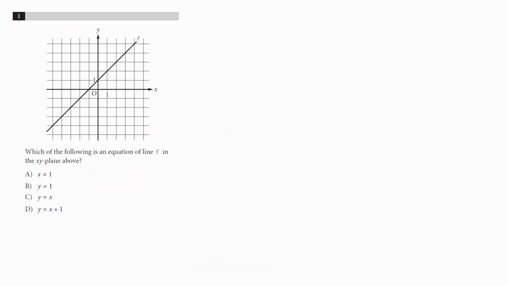Question 1. Which of the following is an equation of line L in the xy plane? We're given 4 equations, and let's just look at the graph. We can see that the y-intercept of this graph is 1, and the rise over run is 1 over 1, so that means that the slope is equal to 1.